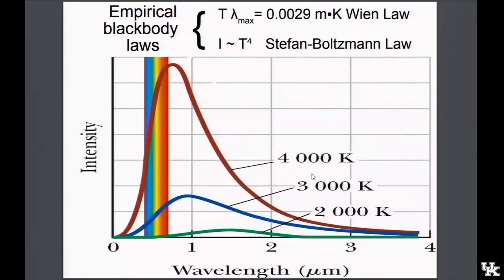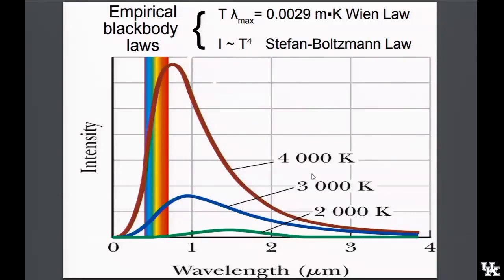The other thing to observe on here is the wavelength of the light. In particular, look at the peak wavelength. For the 2,000 Kelvin curve, that peak wavelength is about 1.5 micrometers, somewhere in here. As we turn up the temperature to 3,000 Kelvin, that peak wavelength is now a little below 1 micrometer.